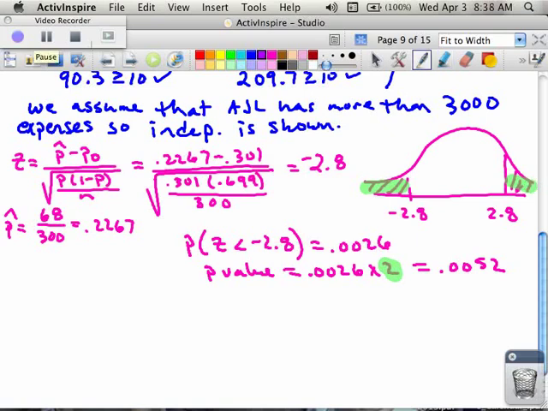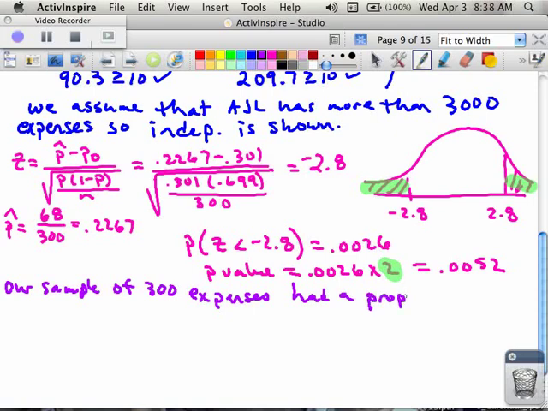Okay, so our last part is our conclusion. We're going to say that our sample of 300 expenses had a proportion of 0.2267.